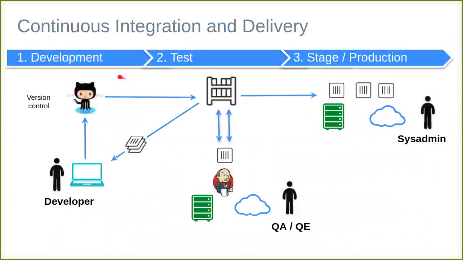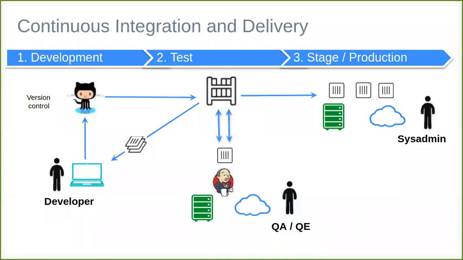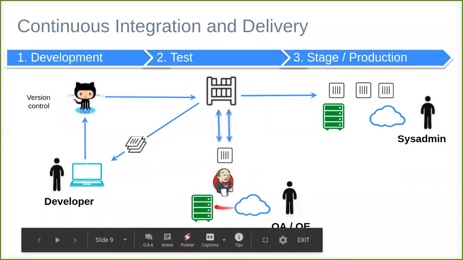In the current world, how is development happening? We have version controls like Git, GitHub, Bitbucket, or many other such version control software. Developers write code and give it for testing. Then we have Jenkins, which generally provides continuous development and deployment of the code into production.